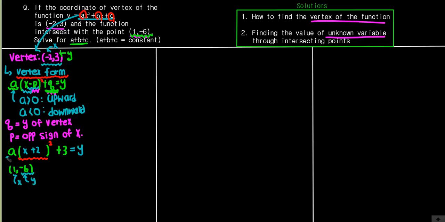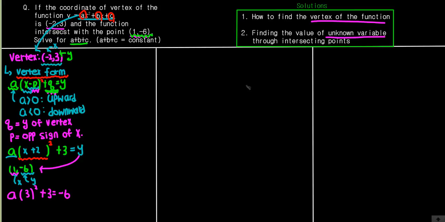And we can figure out the unknown variable, which is going to be a. So if you input the value of 1 here, it is going to be a times 1 plus 2, which is 3, squared, plus 3 is equal to the output of our function, negative 6.